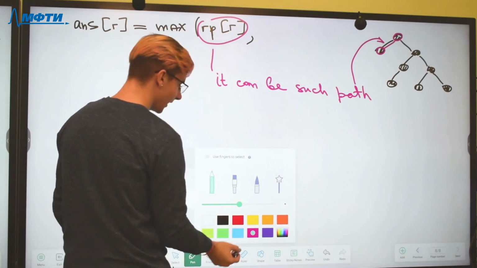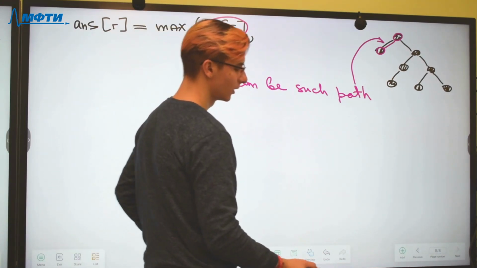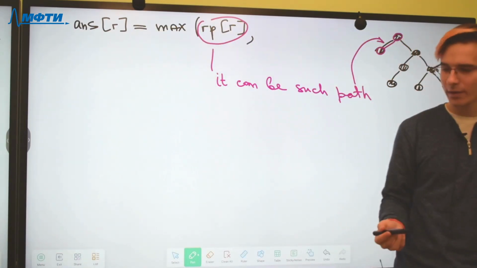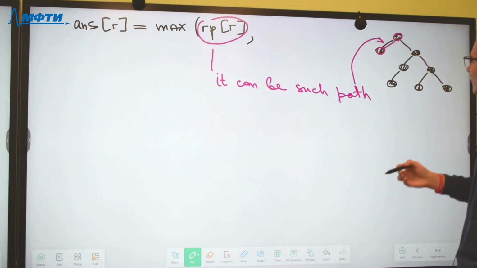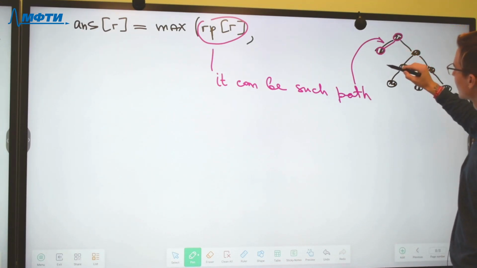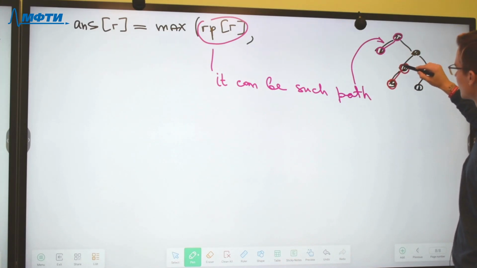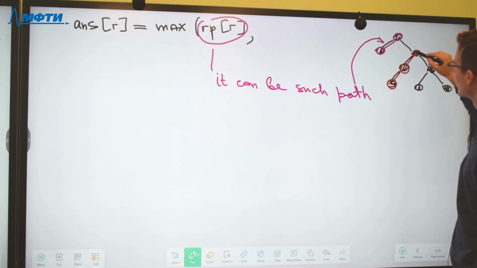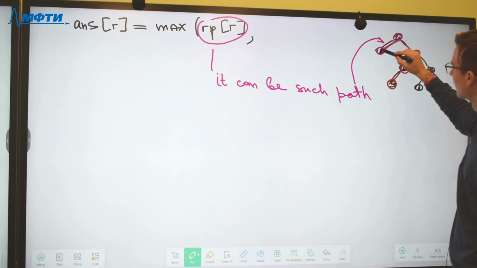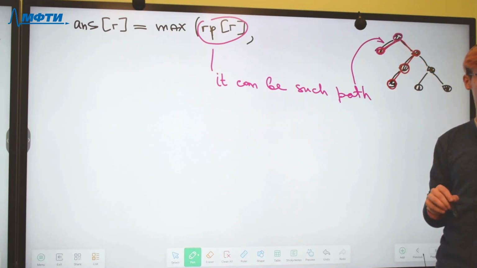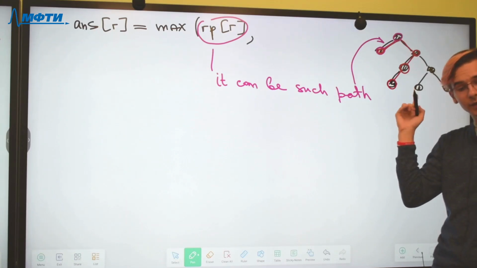Okay, and we know that maybe the maximal path in the graph is equal to a path that connects two vertices in different subtrees. And how do we need to find it?